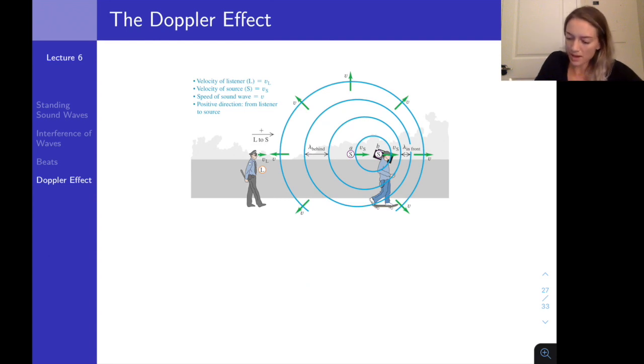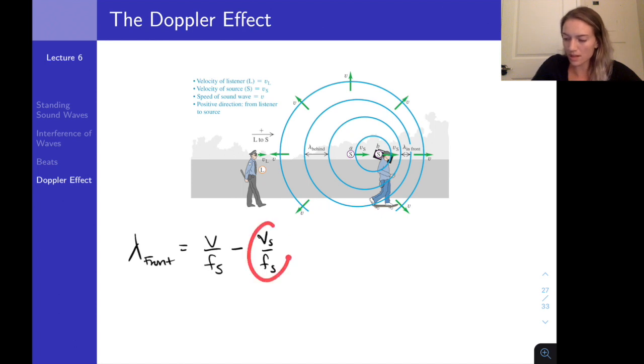And so we can quantify this by saying, okay, let's say the wave in front normally would just look like V over Fs, where Fs is the frequency of the source. But now in front, it's going to be shorter, so you're going to subtract that little distance that the source is moving, right?